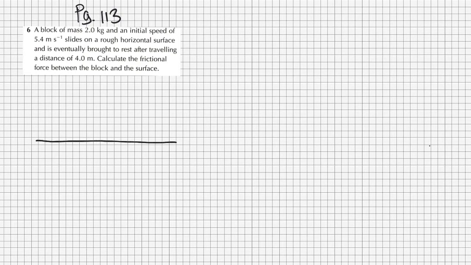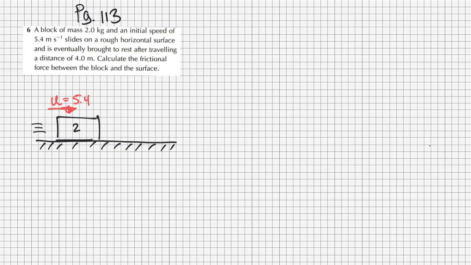If this is our surface, and again, we have a rough surface, so there is friction acting. I'm just going to have the block here initially, a 2 kilogram mass, moving to the right. So it has some initial velocity equal to 5.4. It slides on a horizontal rough surface and is eventually brought to rest.